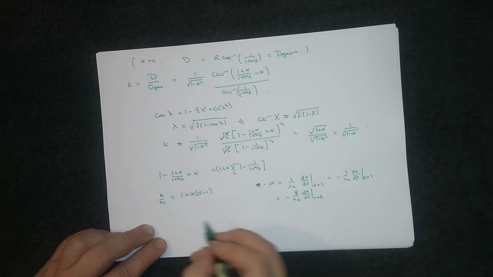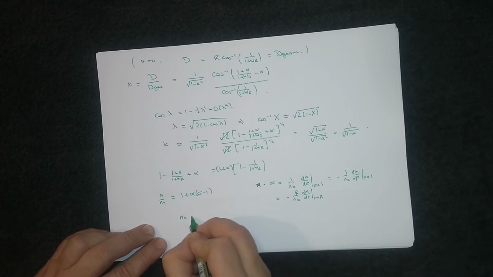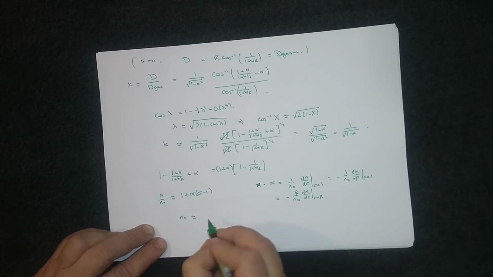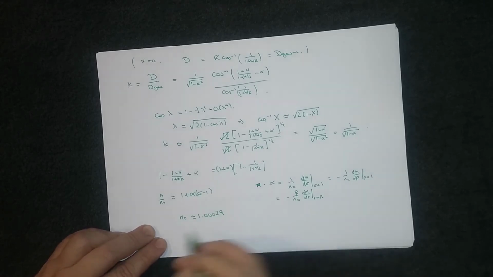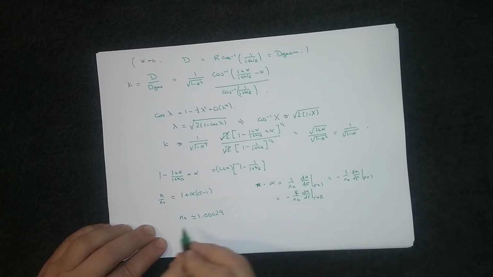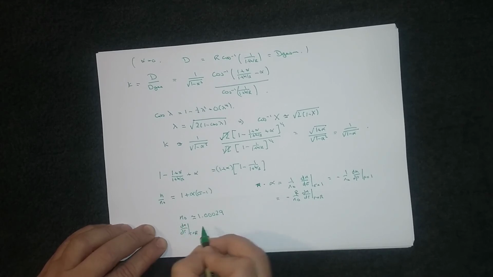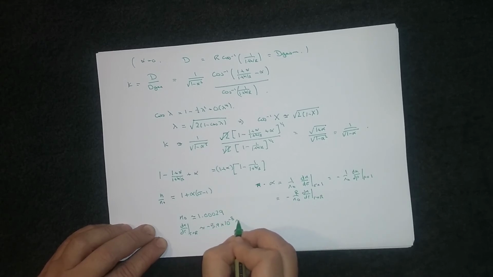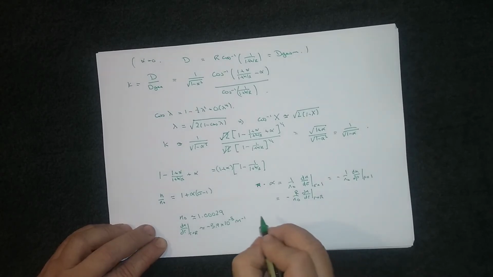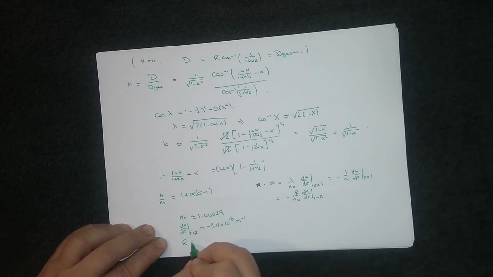Well, now we can look these things up. N naught, we're going to take that to be approximately 1.00029. This is for typical atmospheric conditions. We have the dn by dr at the surface of the Earth. We're going to take that to be minus 3.9 times 10 to the minus 8 per metre. And we're going to take the radius of the Earth to be 6.371 times 10 to the 6 metres.